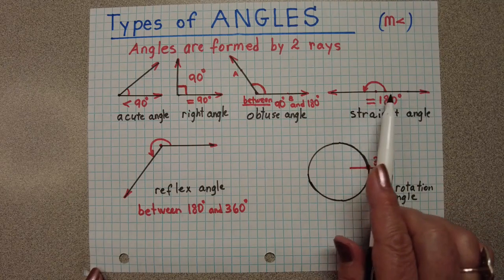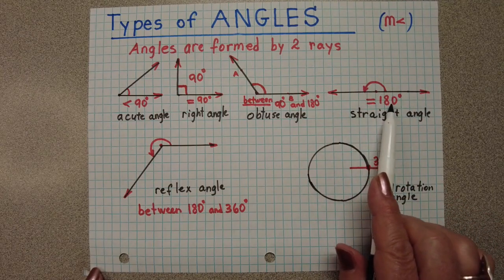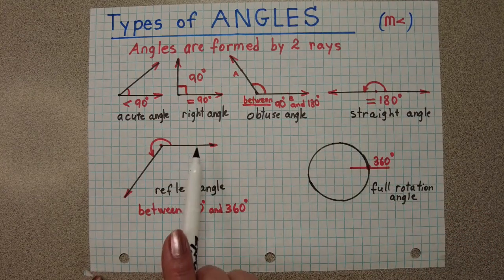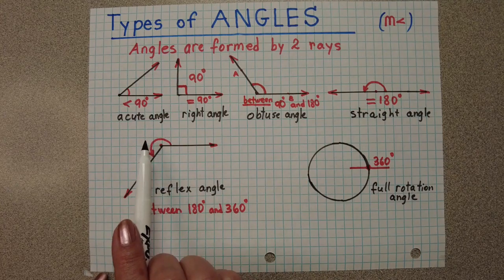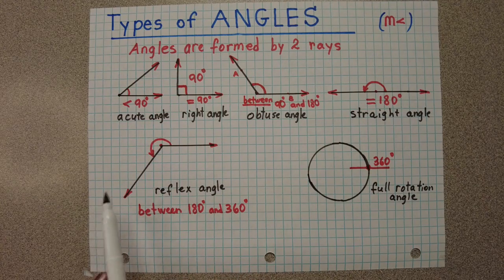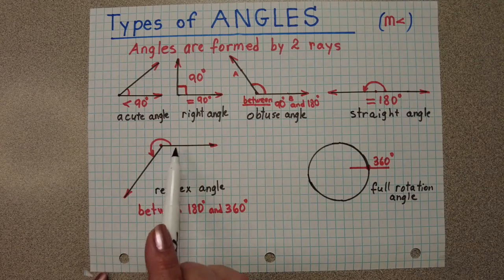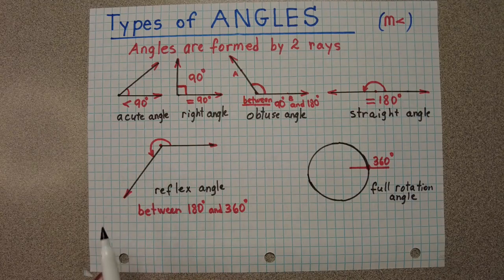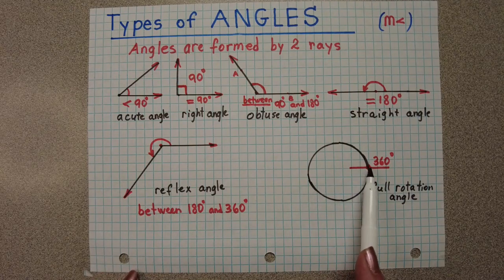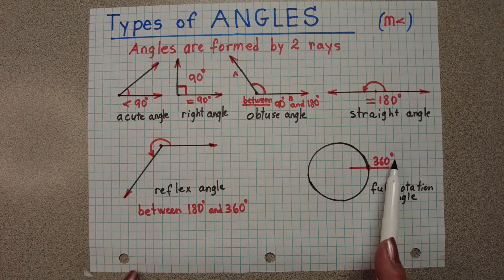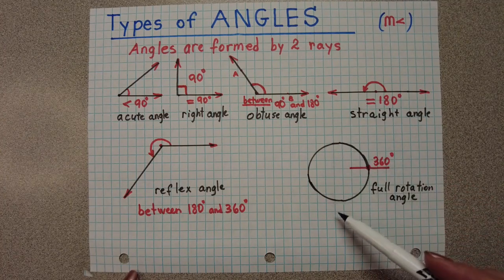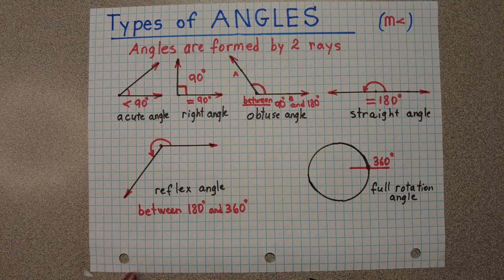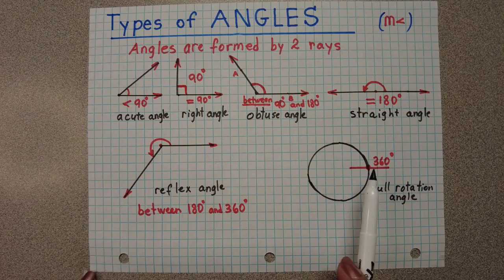And a straight angle is 180 degrees. This one we call a reflex angle. We count outside, remember, not inside. If we count inside, we will get exactly an obtuse angle. And the last one is the full rotation angle, which is 360 degrees. We're going to use this later in trigonometry. It's very important to know.